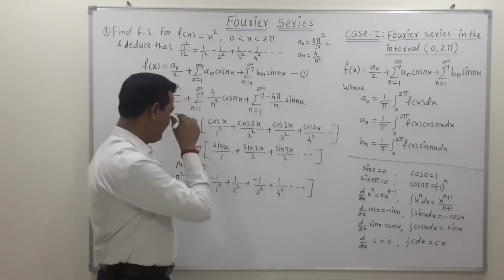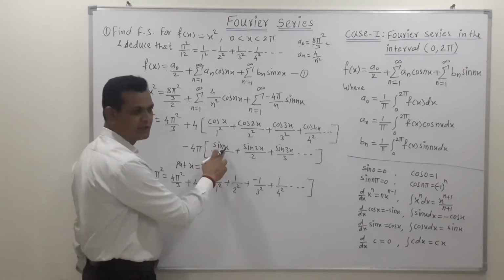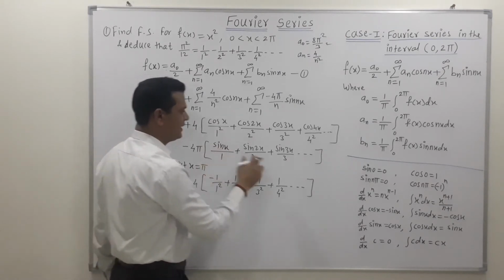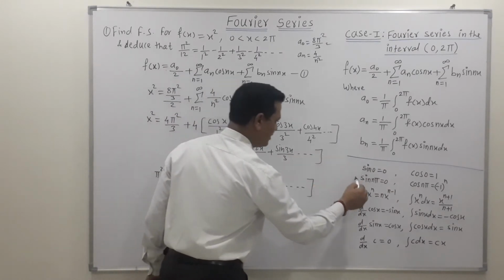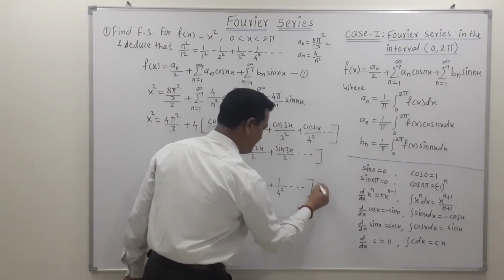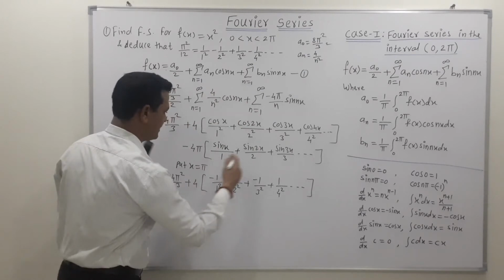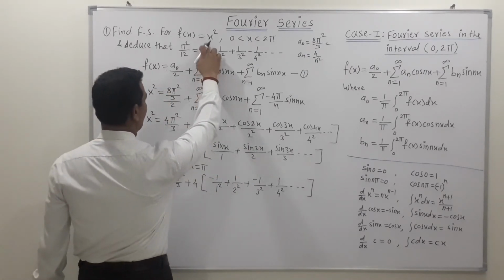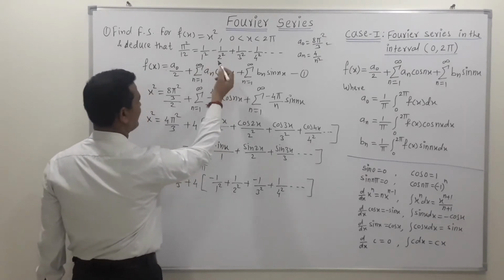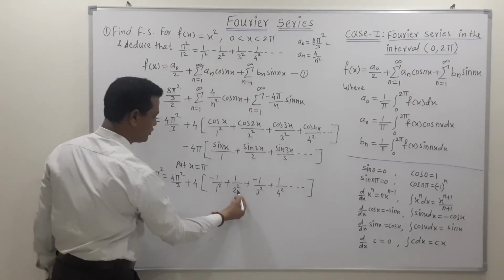So similarly, friends, if we put x is equal to pi, we get this value as 0. So for 2 pi, 3 pi and so on, because of this result, all remaining terms are 0. Now friends, here we require the sign for the first term as plus and the sign for this 1 upon 2 square is minus.